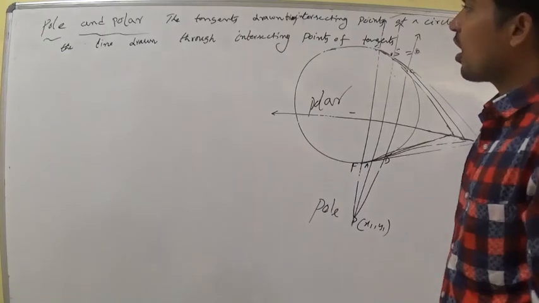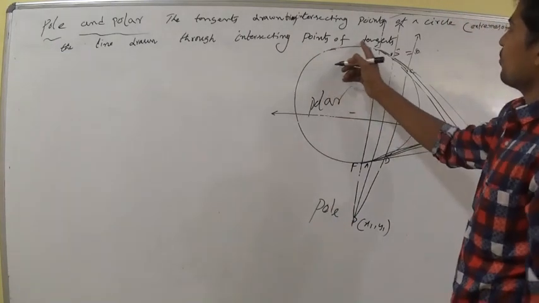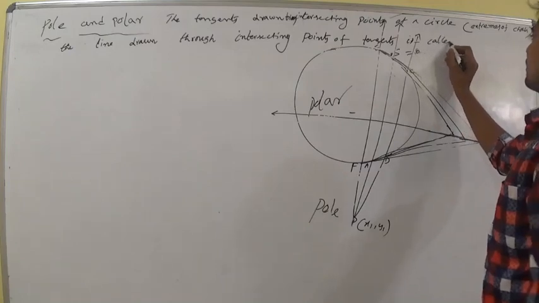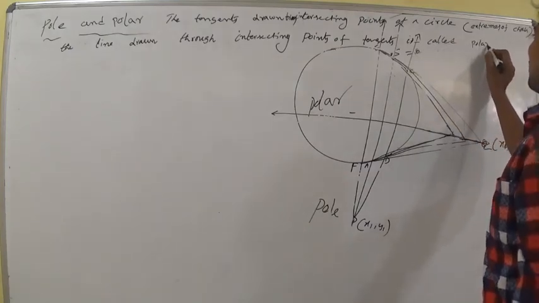The line drawn through intersecting points of tangents is called polar line.